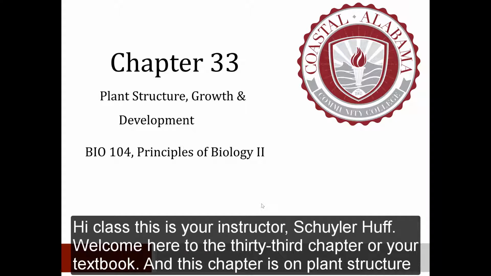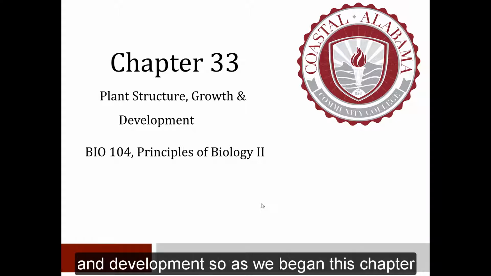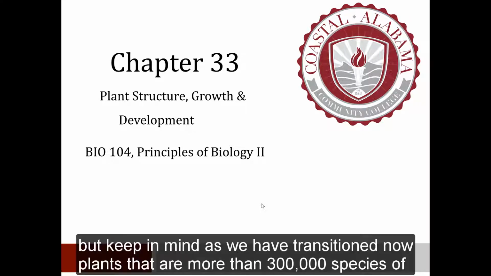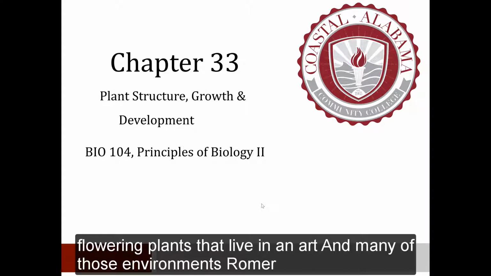This chapter is on plant structure, growth, and development. As we begin this chapter, keep in mind that as we have transitioned now to plants, there are more than 300,000 species of flowering plants that live in and are adapted to many of those environments here on Earth.